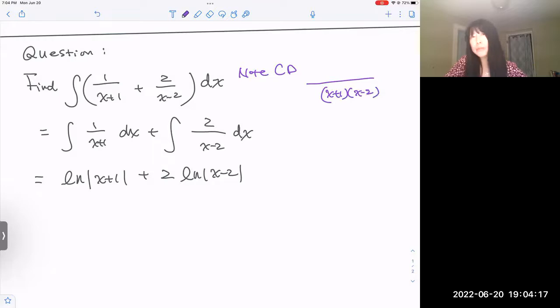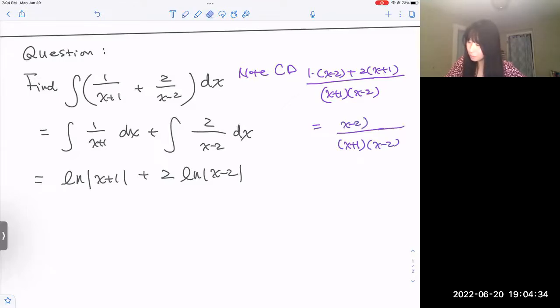Then we have 1 times x minus 2 for the first term, and the second term has x plus 1, right? Then this will be x minus 2 plus 2x plus 2, right?